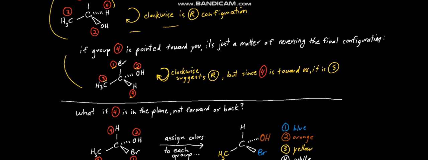That suggests that it's the R configuration, but with 4 pointing toward us, we just reverse it and say it's S configuration, which in fact is what it would be if we were standing behind the screen looking at it from the opposite side, and 4 would be pointing away from us. If you get good at this, you can do this in your head much more easily.